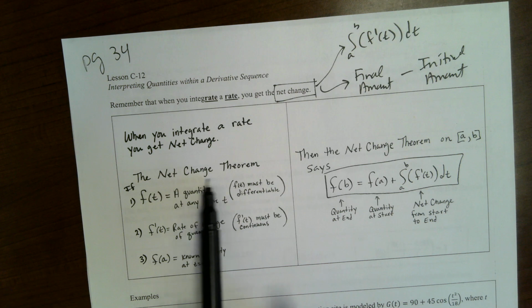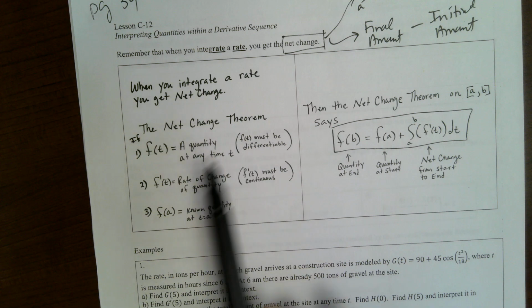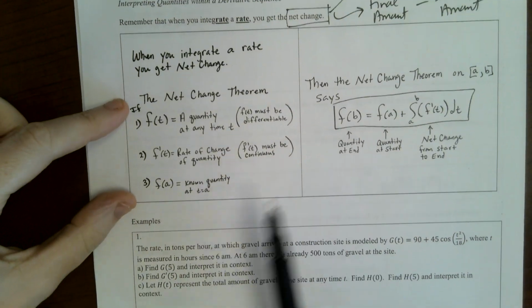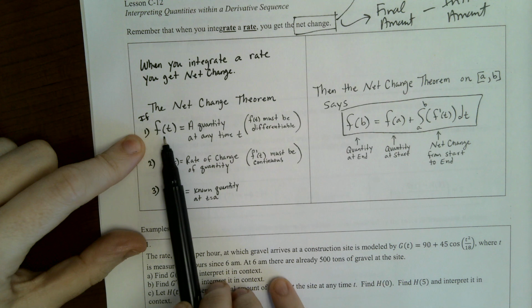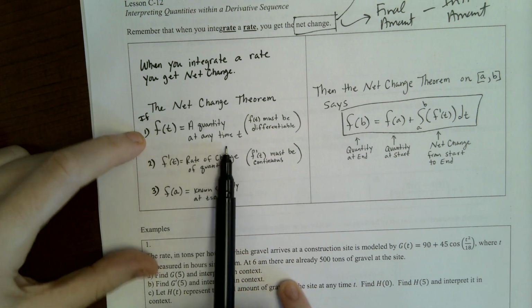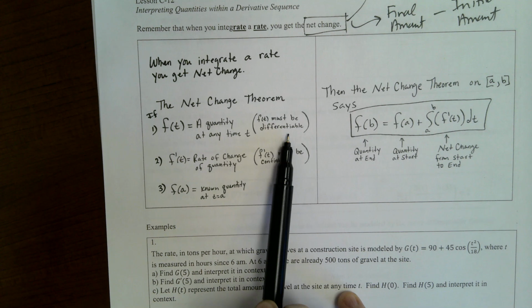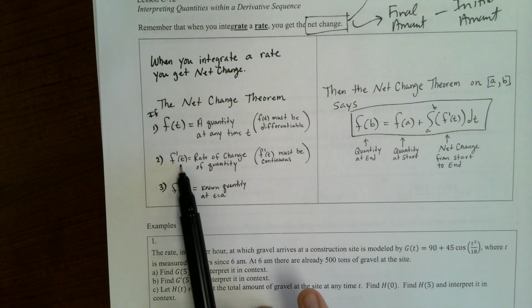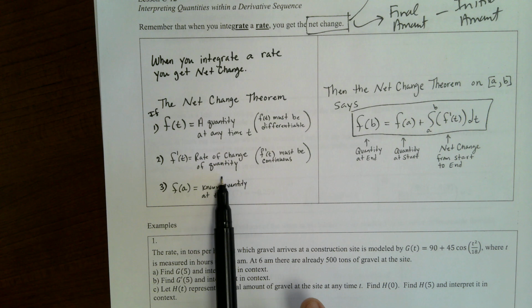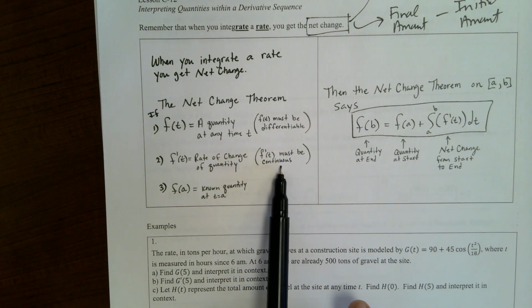And the net change theorem says, this is a fact that you can apply under certain circumstances, that if you've got these three conditions, then we can do this. If f of t equals a quantity at any time t, this function must be differentiable. That's the first condition. Second, f prime of t is the rate of change of that quantity, and f prime of t must be continuous.